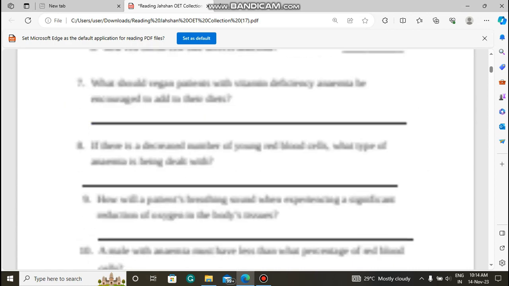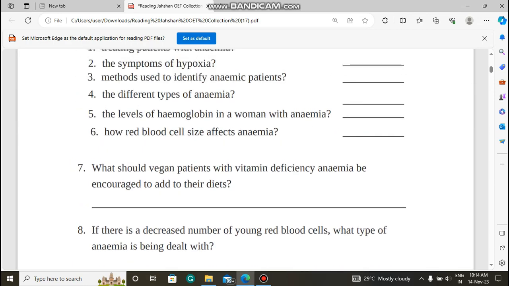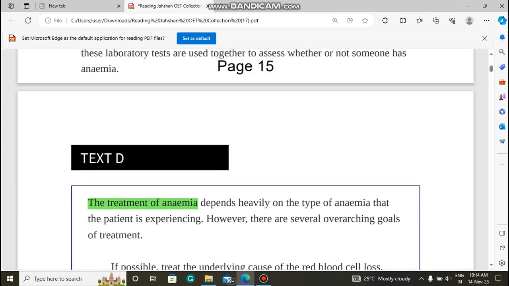Now let's move to the fourth question. It's as simple as that. The different types of anemia. Where did you find the different types of anemia? So first you will have to just think of the different synonyms of different types. You can say diversified or varied. You will have to recollect all the synonyms that could be used instead of different. Here, different types of. So, question number 4.